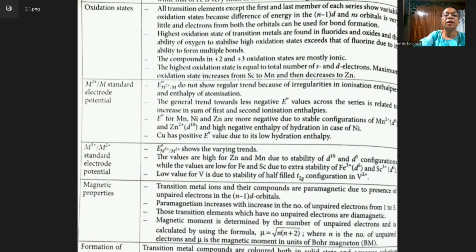If we go on to the M3+/M2+ trend, it again shows varying trends. Why? The values for zinc and manganese, due to the stable d10 and d5 configuration, they would resist an M3+ configuration. So the M3+/M2+ reduction potential for zinc and manganese would be high.